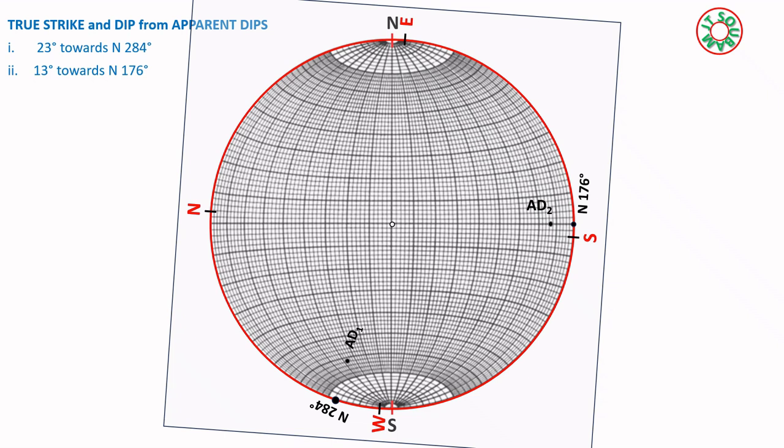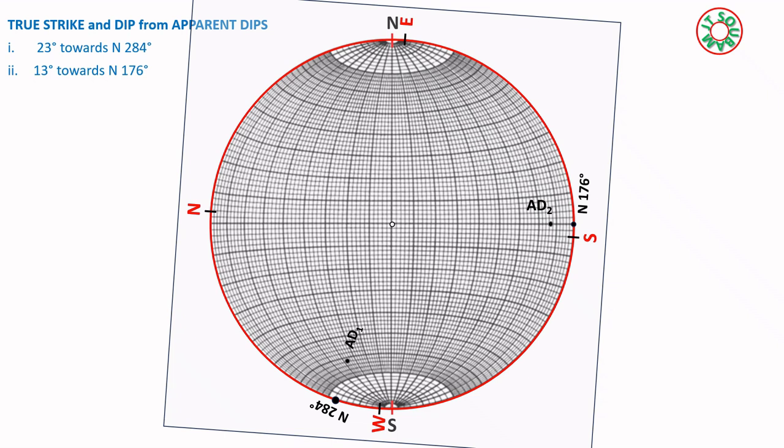Next step is to draw the plane. This is a very important step since both apparent dips belong to the same plane. We draw a great circle passing through AD1 and AD2.